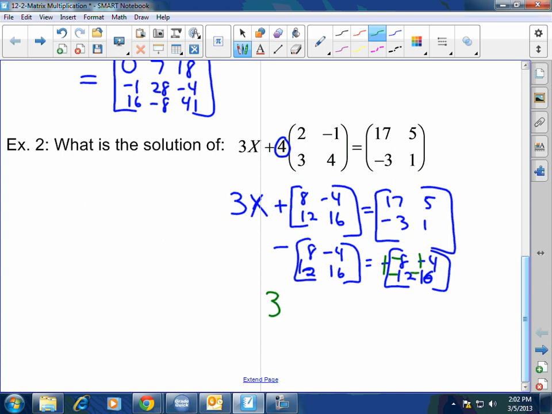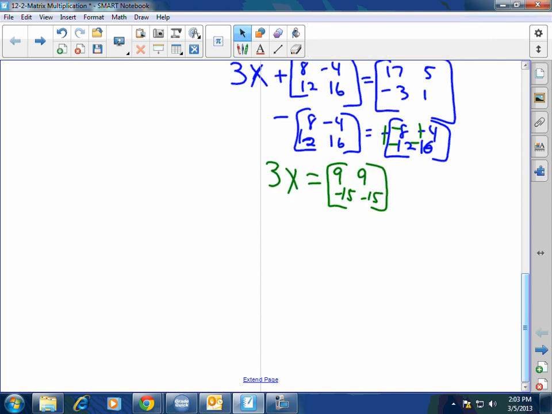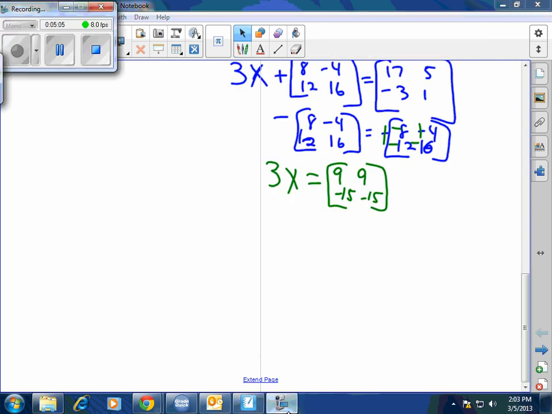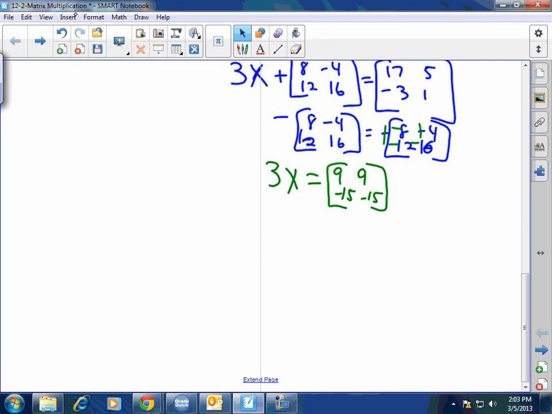So I'm going to have 3x equals 17 minus 8, that's 9. Then I got 9, negative 15, and negative 15. Okay, so now, division is the same thing as multiplication, except, of course, it's reversed.